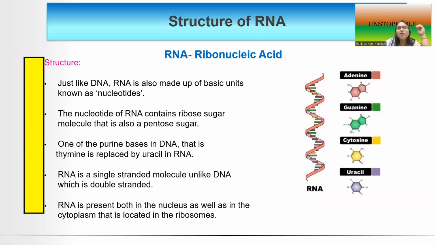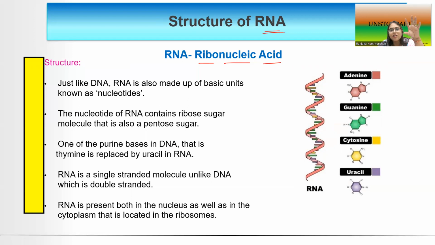Now coming to the second nucleic acid which is present in our body, which is RNA. What is the full form? Ribonucleic acid. This is another nucleic acid which is present in all the cells. Now, unlike RNA, DNA is present only inside the nucleus of the cell, and we have also studied that it is present inside the mitochondria and the chloroplast.